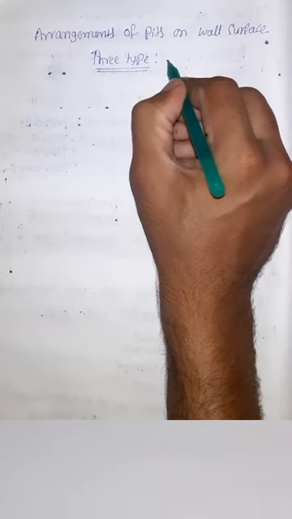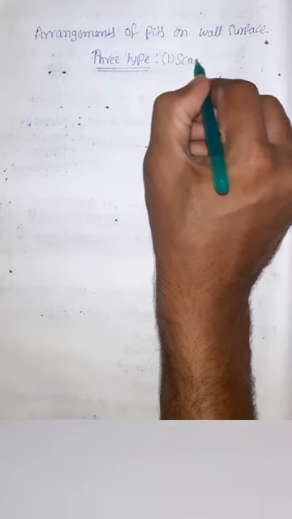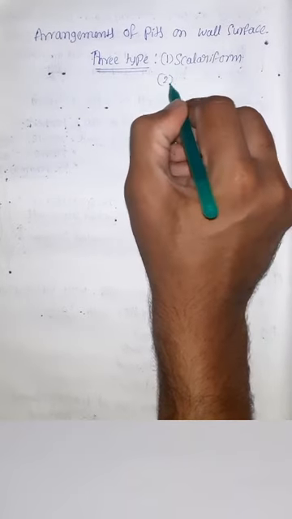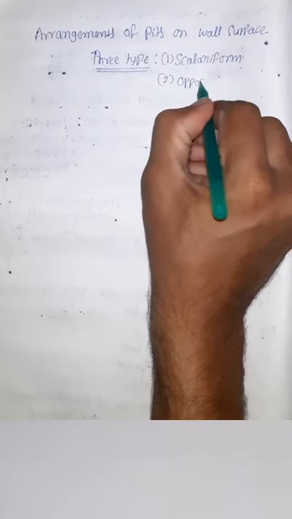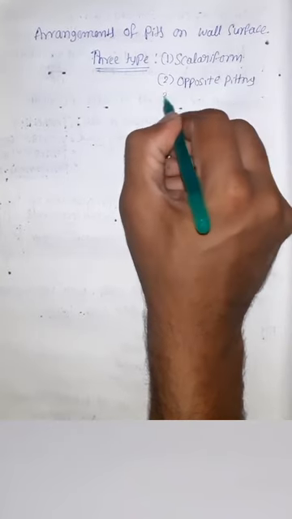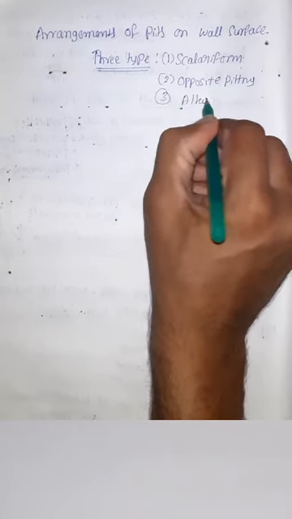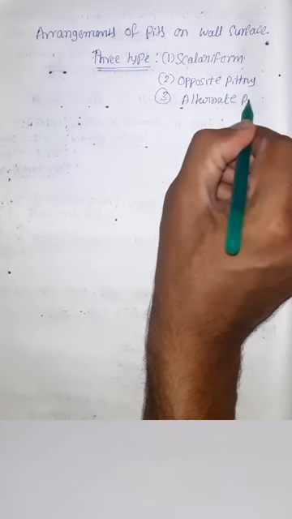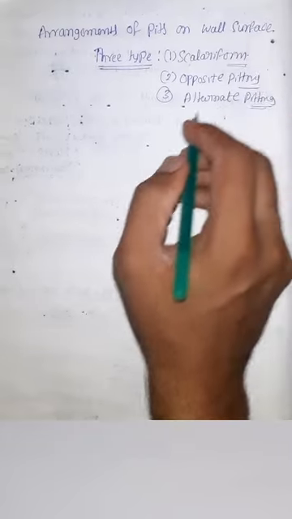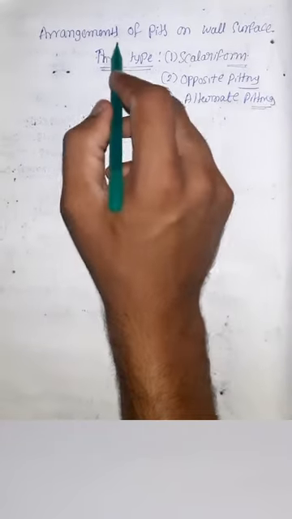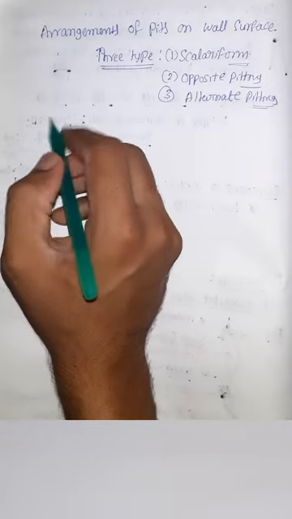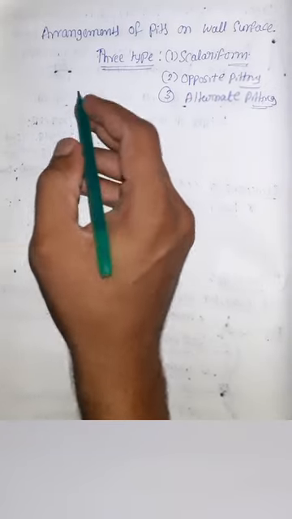They are scalariform pitting, second one is opposite pitting, and number 3 is alternate pitting. This classification is only based on the arrangement of pits on the wall surface. Now we will see with simple diagrams.